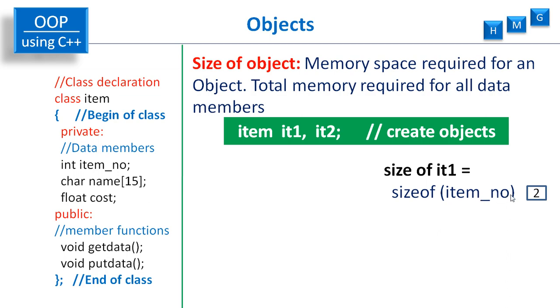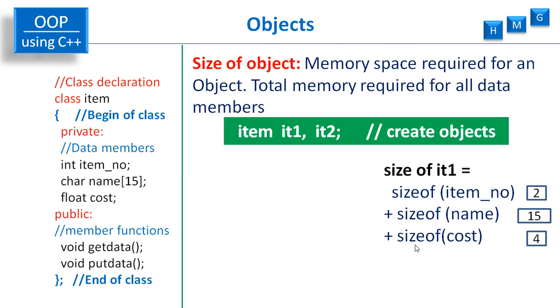Plus size of name. Now name is a character type array. See here, char name 15. So 15 characters means how much memory? 15 bytes. So here 15 bytes of memory will be allocated for the name data member, plus size of cost. For cost, 4 bytes of memory will be allocated.